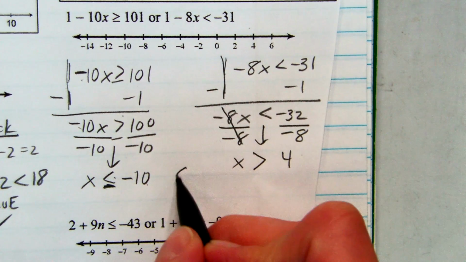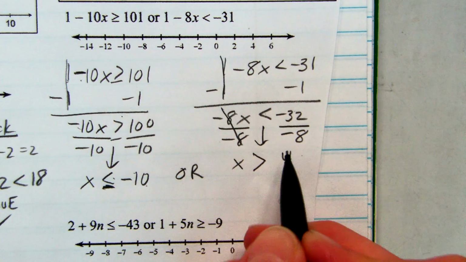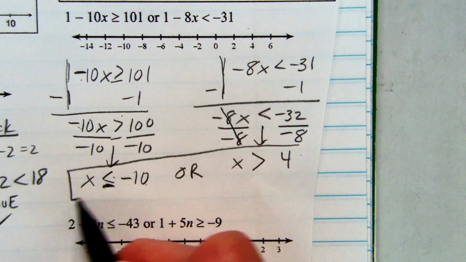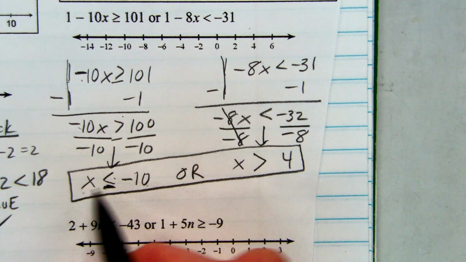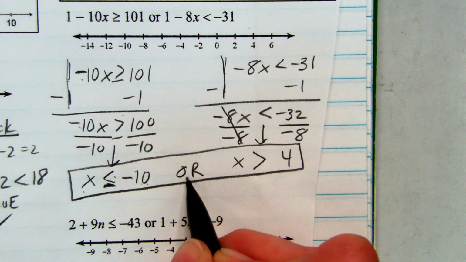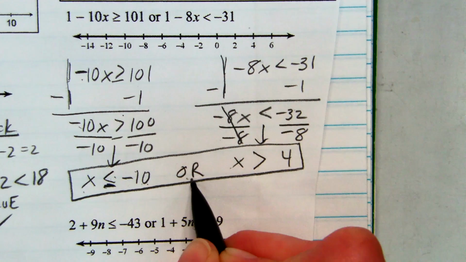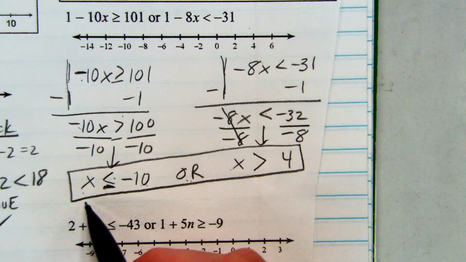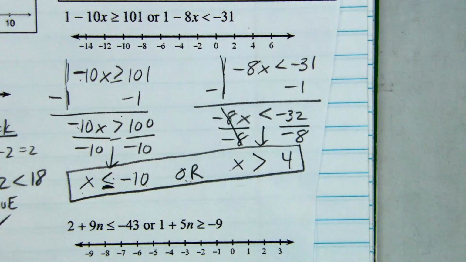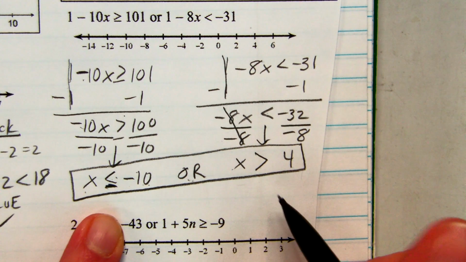And so when we write our final answer, we're going to put a big fat or in between these, and this is what it's going to look like. X is less than or equal to negative 10, or x is greater than 4. You have to write the word or in there and kind of put it all together. So this is just going to go on the number line all together.